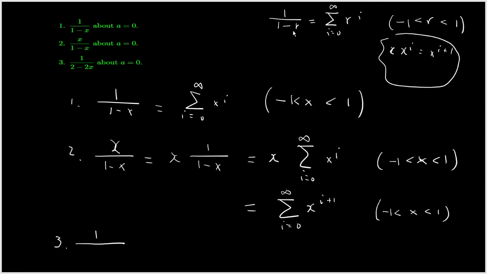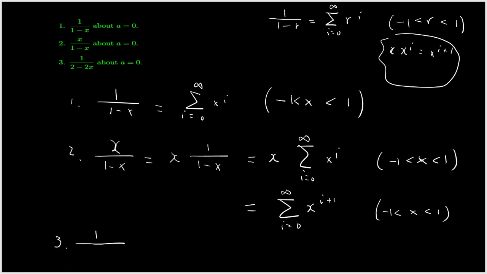As long as you can get your r, you have the representation using that formula. Anybody want to tell me a little trick so that you can see 1 over 1 minus r? You take out 2 from the denominator, or you take out 1/2 from the whole thing.